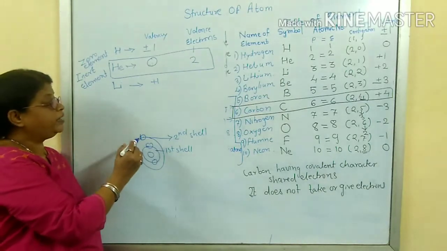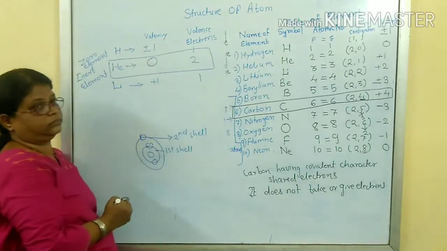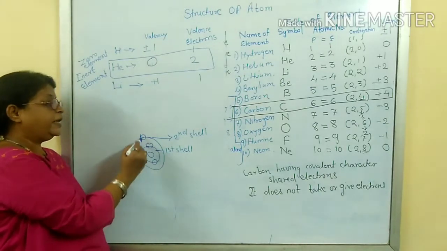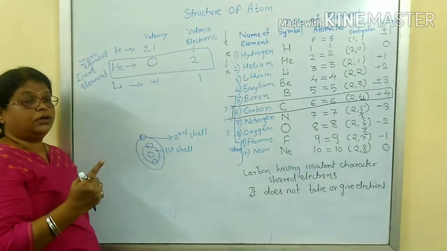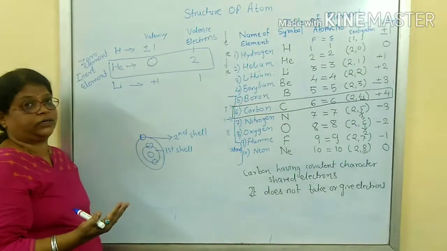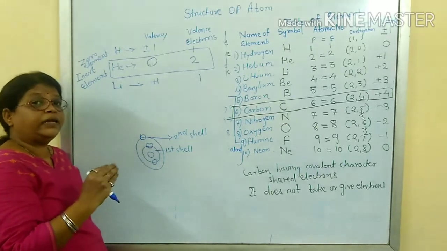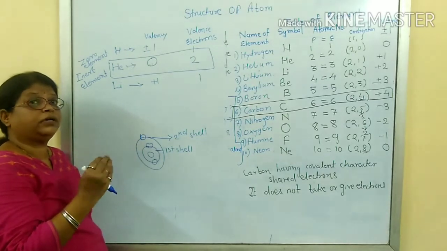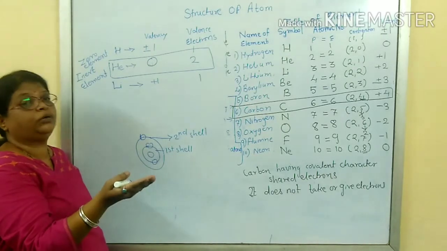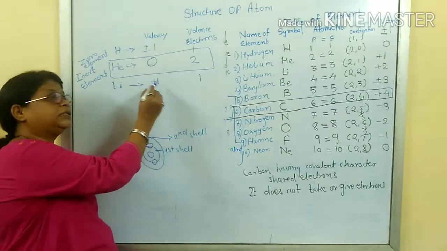So how many valence electrons are present in lithium? Only 1. But what is the valency? In the outermost shell it has only 1 electron. To fulfill the shell it requires 8 electrons, but in lithium, taking 7 electrons is impossible. So what do they do? They donate electrons. And when they donate electrons, they become plus 1.